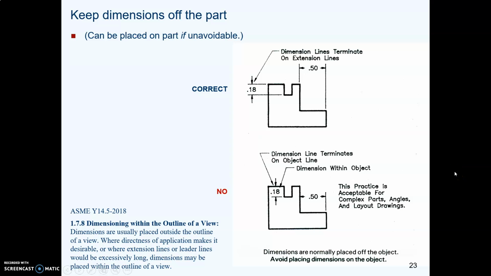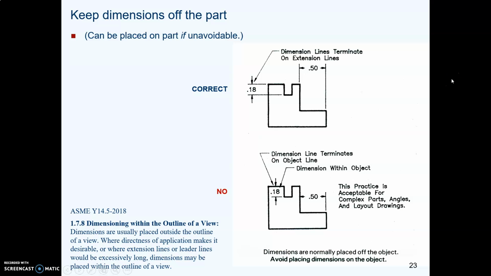And you keep the dimensions off the part, again, wherever possible. In this particular part right here, it is possible. So the example at the bottom is not good. That 0.18 is on the part when it could be pulled outside. And that 1/2 inch is basically on the part down here inside the L when it could be pulled up above the part.